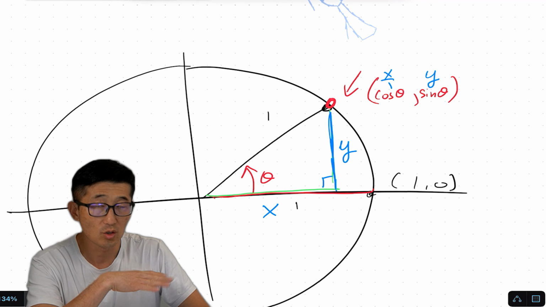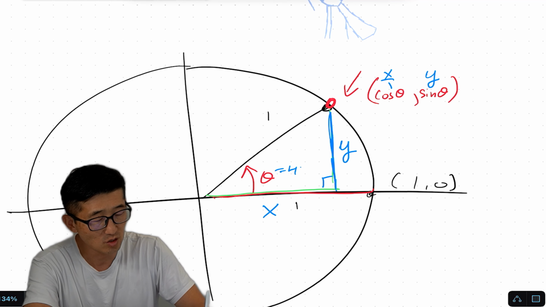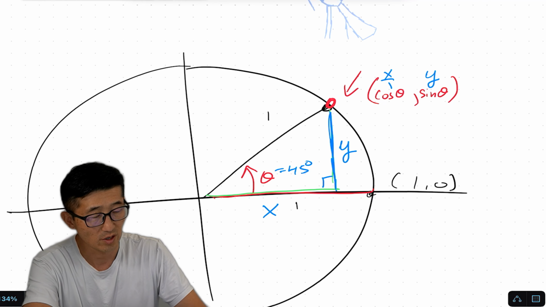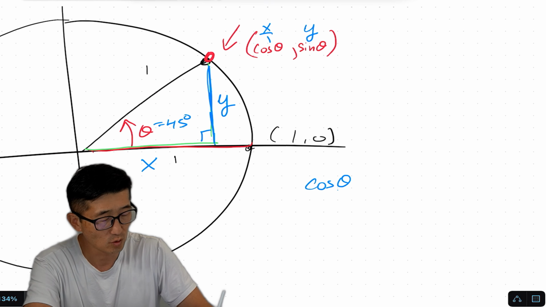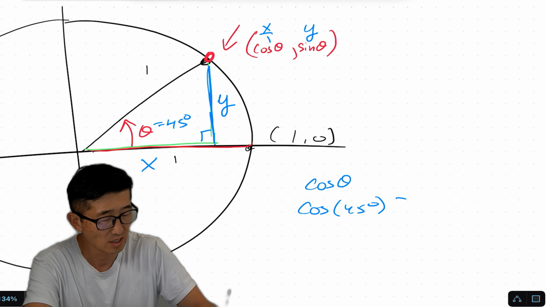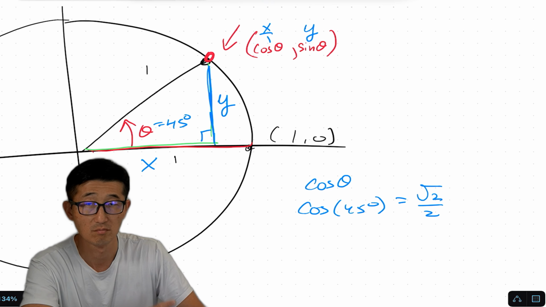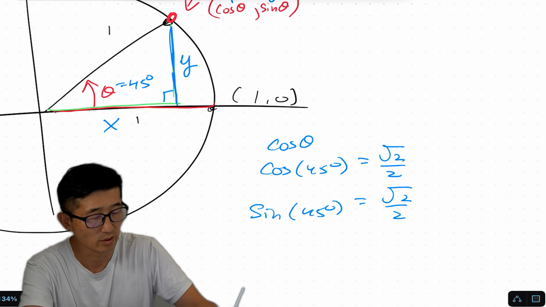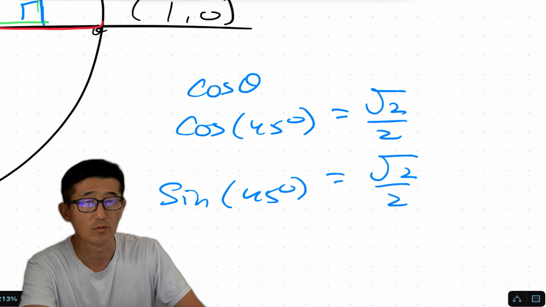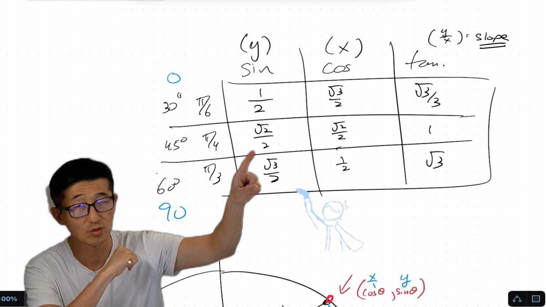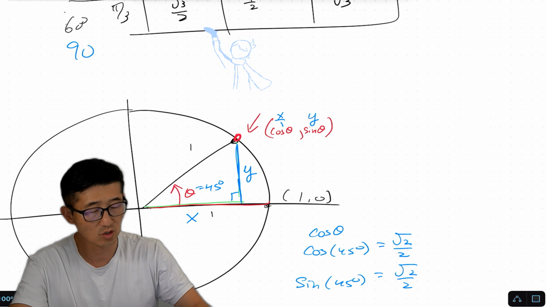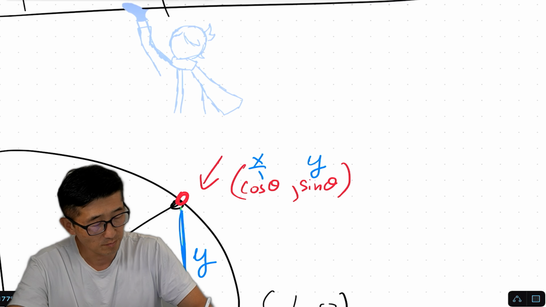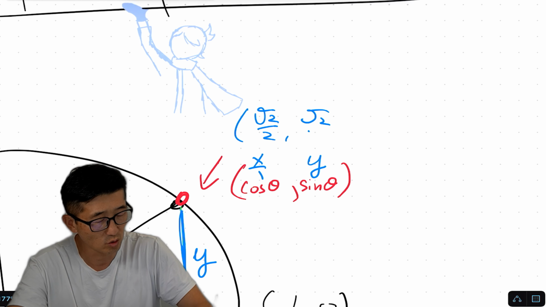Yes. Okay, so again, let's take a look. If you raise this to 45 degrees, okay, so cosine theta or cosine 45 degrees will give you radical 2 over what? 2. Sine 45 degrees will also give you radical 2 over what? 2. Do you see how I got that? Yes, I know. Because it's on our chart. Sine of 45 degrees gives you rad 2 over 2. So that means this coordinate right here is basically rad 2 over 2, rad 2 over what? 2.